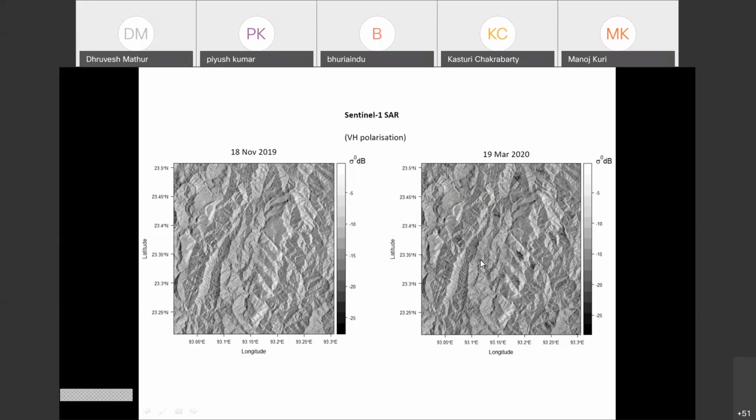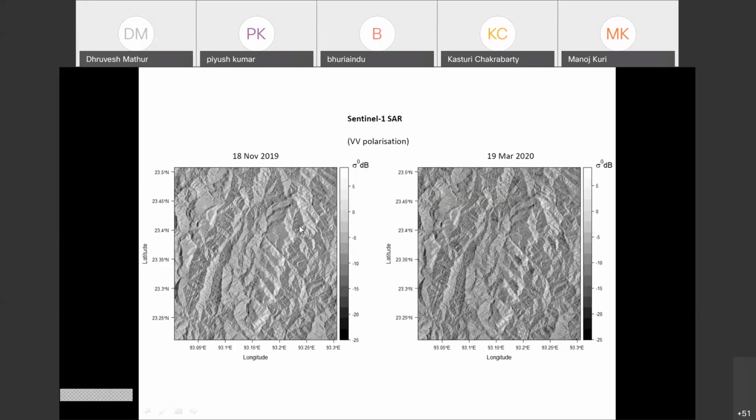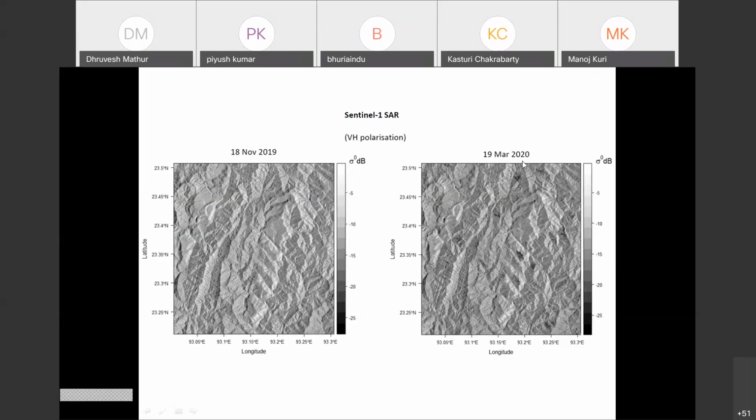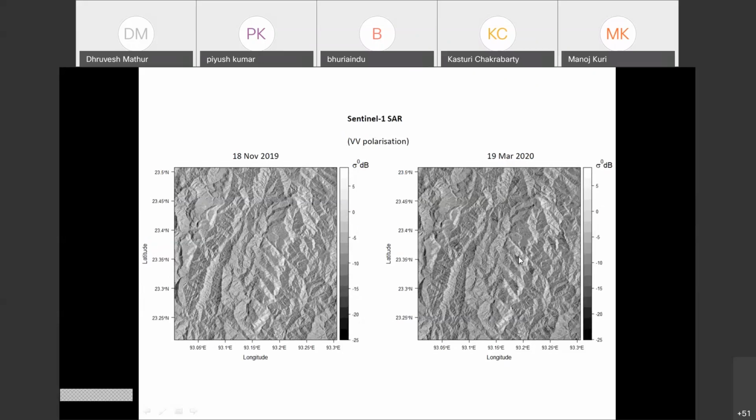And then this is the VV polarization, where it is observed. But you see, in the VH component, in the same area, these patches are clearly visible. These are the dark patches, which are a result of burning of forest patches for cultivation.